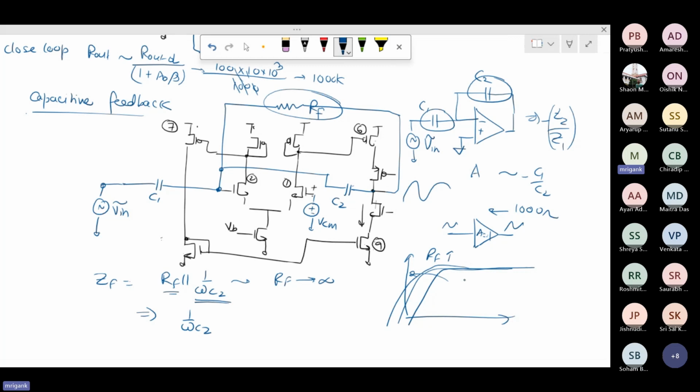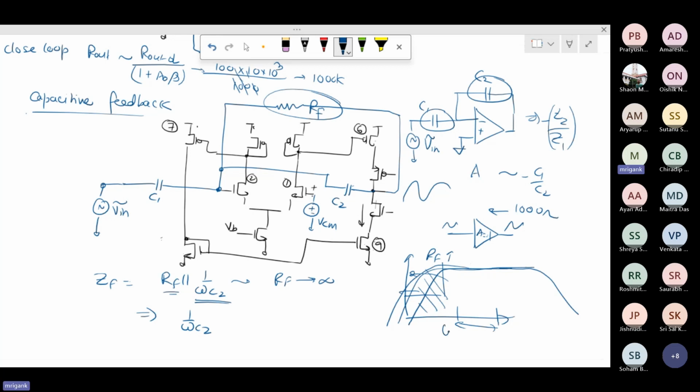And second, the high pass pole over here is closer to the origin. In some applications where we intentionally want to filter out signals, maybe we are only interested in some signal in this range, then we can choose RF accordingly so that it can filter out signals in a certain lower range. For the upper range, anyway, you will get some 3 dB cutoff because of the high frequency behavior, but for the lower range, RF can filter out some signals.